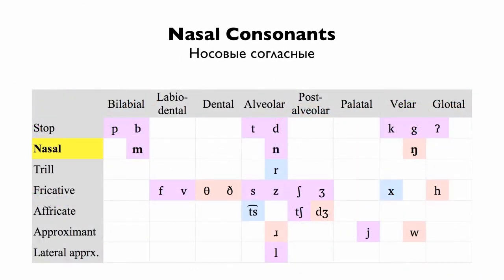Next, let's take a look at the nasal consonants. These include the sounds m and n, which occur in both Russian and English, and the sound ng, which only occurs in English.